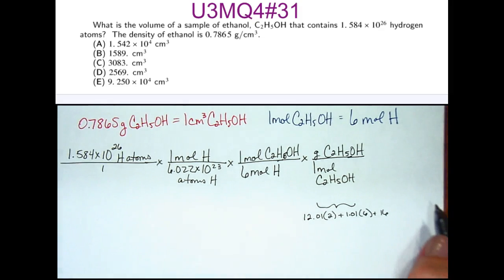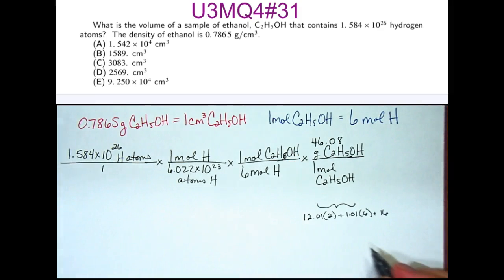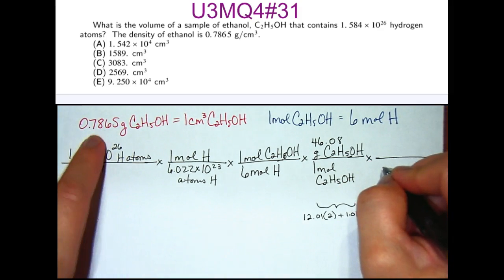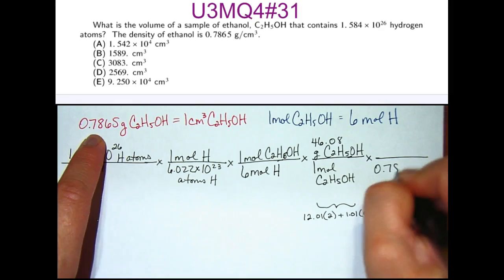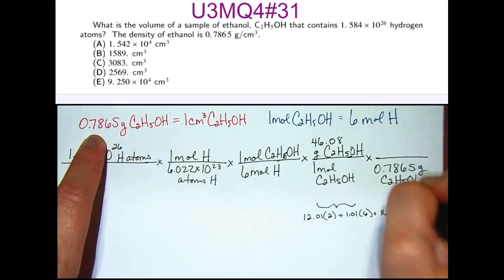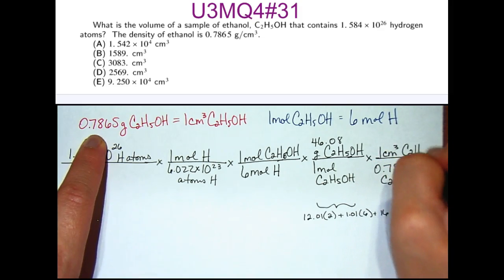This gives us 46.08 grams of ethanol. And then finally, there are 0.7865 grams of ethanol for every 1 cubic centimeter of volume of ethanol.